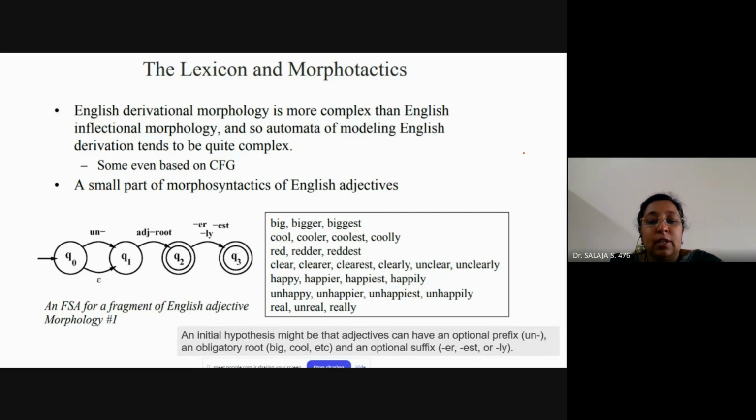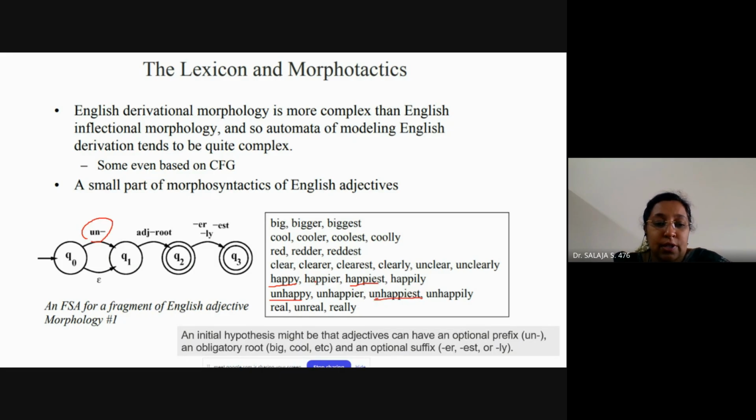And then here you have something on adjectives. Now, the adjective root is from Q1 to Q2. Sometimes I would have a prefix, sometimes I would not have a prefix. Let me take unhappy, happy, happiest, and unhappiest.